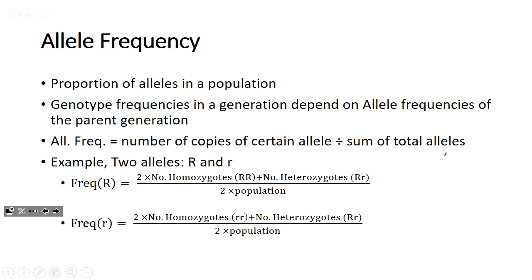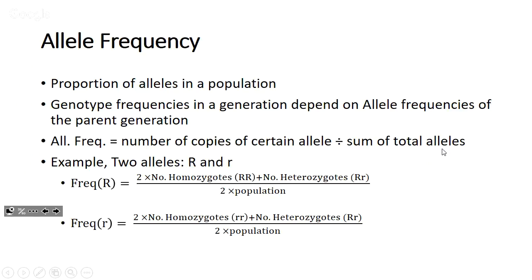Now, allele frequency is the proportion of alleles in a population, which just means that we're talking about the proportions of the different alternatives of the same gene within a population. So how do we figure out an allele frequency? Well, the first thing we've got to do is figure out how many homozygotes there are. If we want the allele frequency for the dominant allele, we figure out how many homozygotes there are and how many heterozygotes there are.